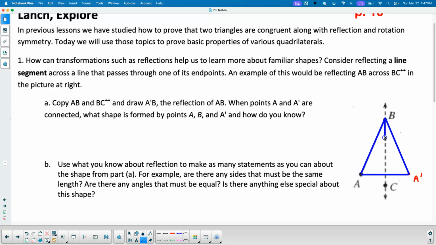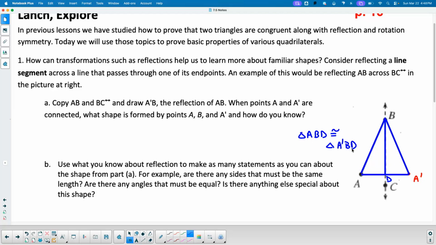And really, I can break that triangle up into two separate parts. Okay? And then those two triangles, let's call this point here, we'll call this point D. What this is basically saying is that triangle ABD is congruent to triangle A prime BD. It creates two congruent triangles.